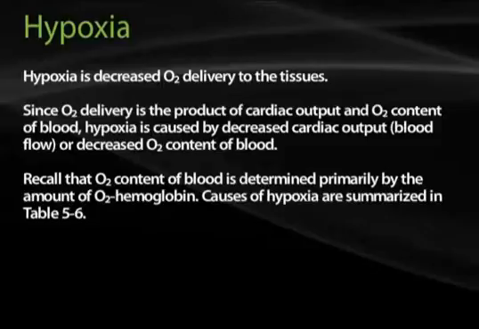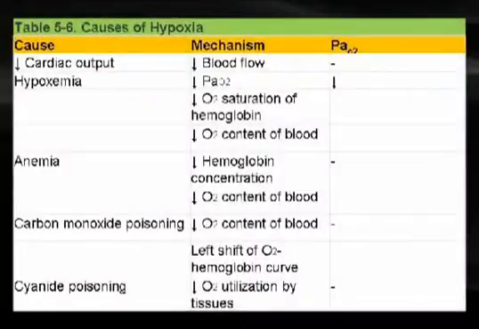Obviously, hypoxemia, low oxygen in the blood, will produce hypoxia. Table 5.6, which is on the bottom of page 231, describes different causes of hypoxia. As we mentioned, hypoxemia, all the things that we discussed previously, are going to cause hypoxia by decreasing the arterial O2.